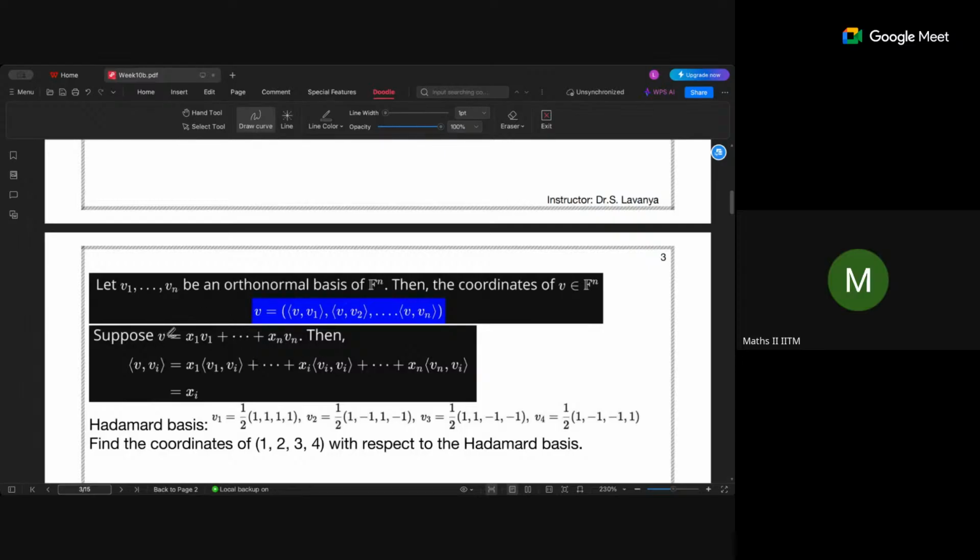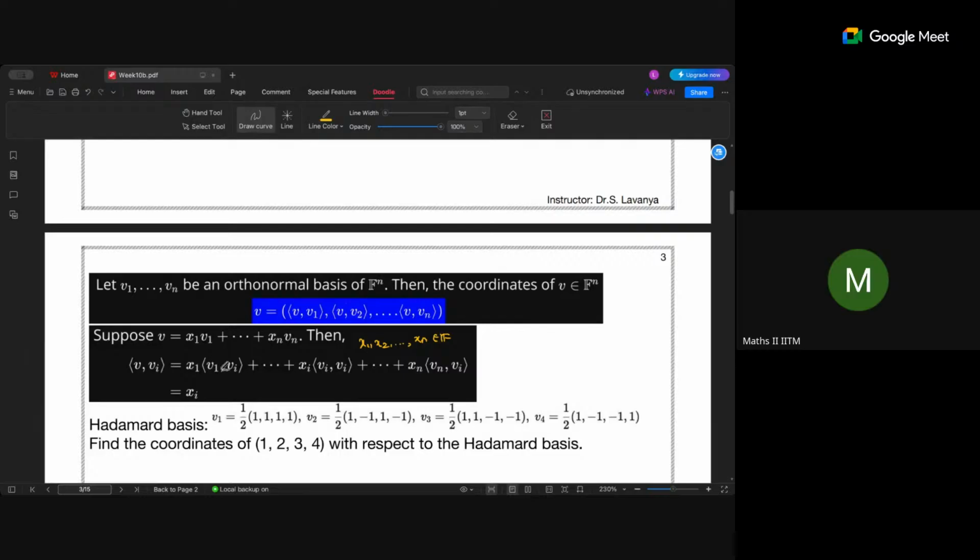Now let us consider what the inner product of v comma vi is. It is x1 times the inner product of v1 with vi, and so on. Here x1, x2, ..., xn are all scalars, so these scalars come out.